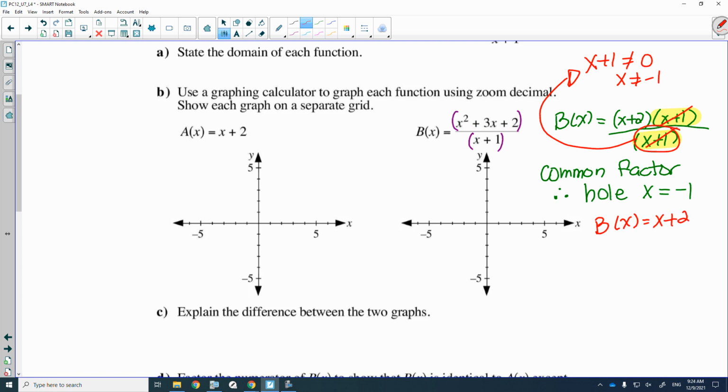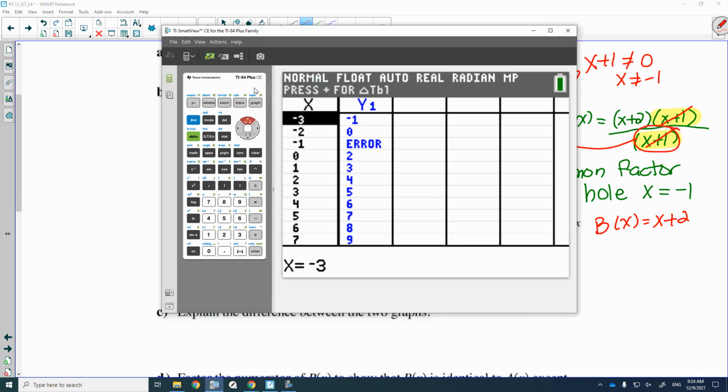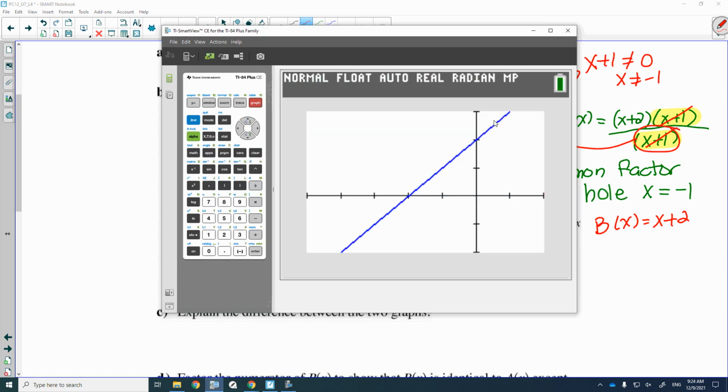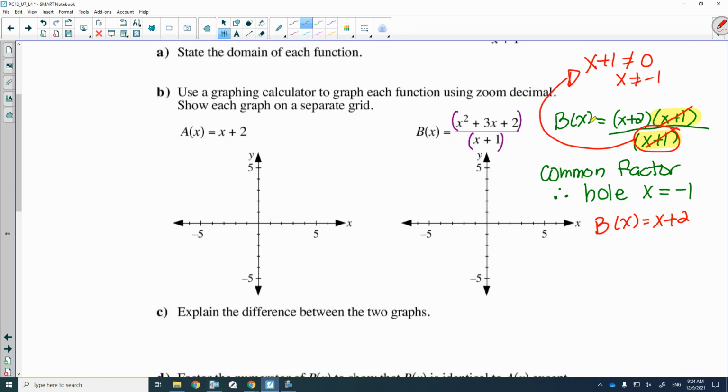That's a linear line, right? And if I look at this graph, this is the equation of x plus 2. The y-intercept here is 2. To find the hole, though, we need to plug in this -1 in for x. So we need to plug in b of -1. So wherever you see an x, put in your -1 plus 2.